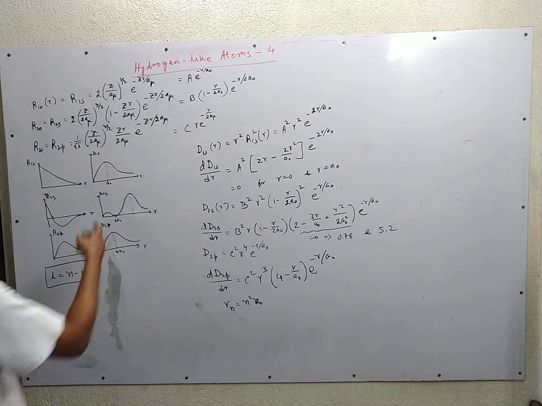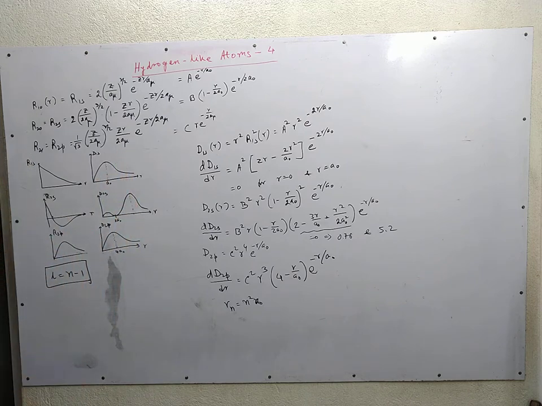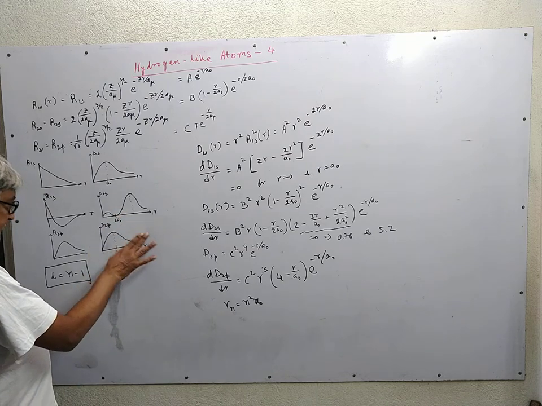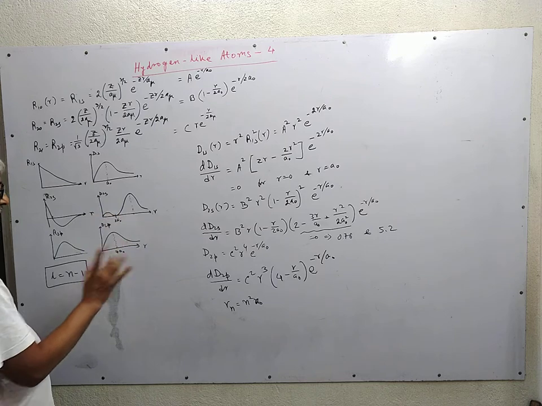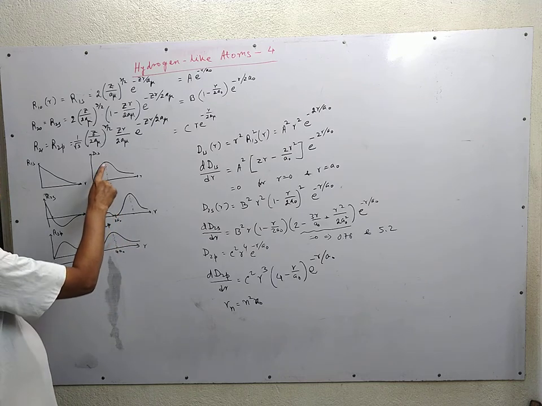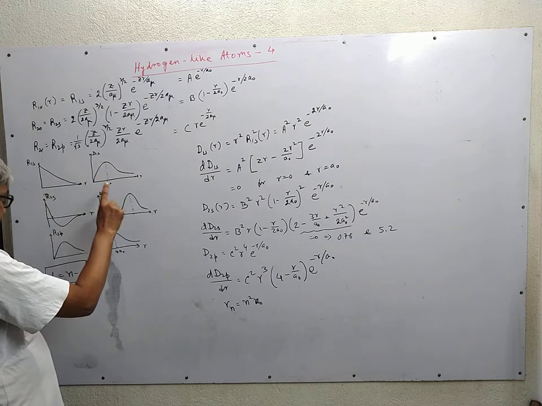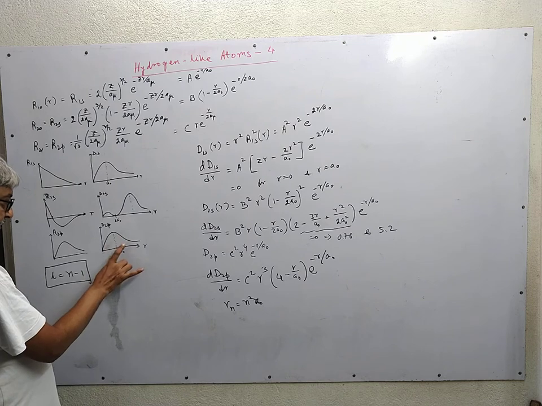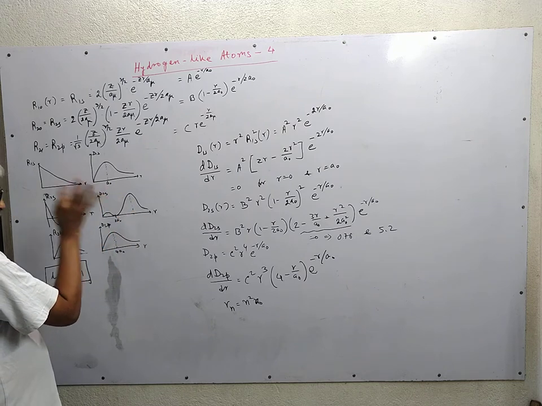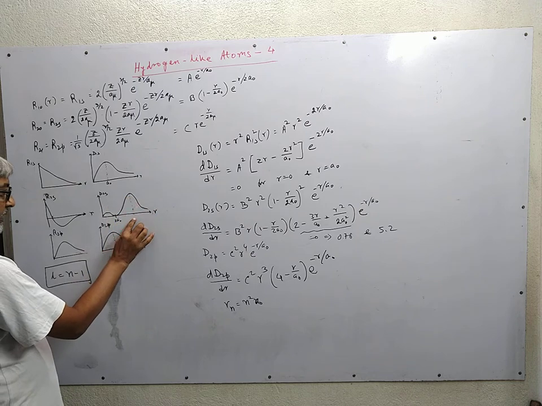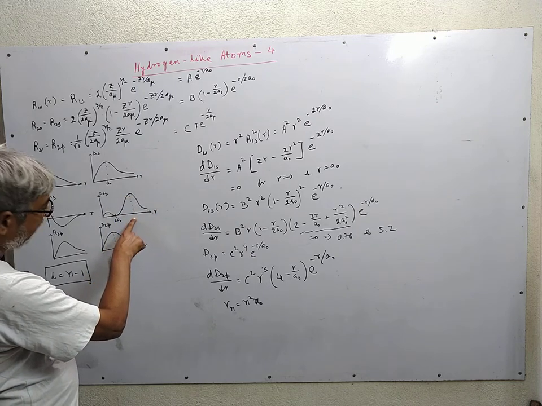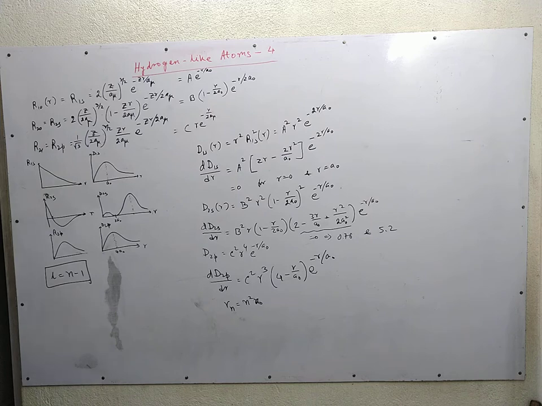Now we again come to this part, and we will look at this situation from a different point of view. We see that the radial probability density is 0 except for a few selected values of r. For example, it is appreciable around a0 for the 1s state, for the 2p state it is 4a0, and for the 2s state it is maximum around 5.7 in units of a0.